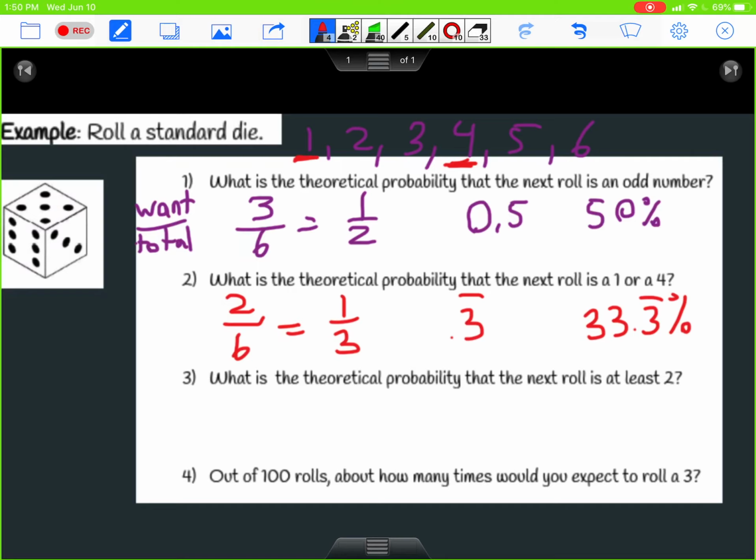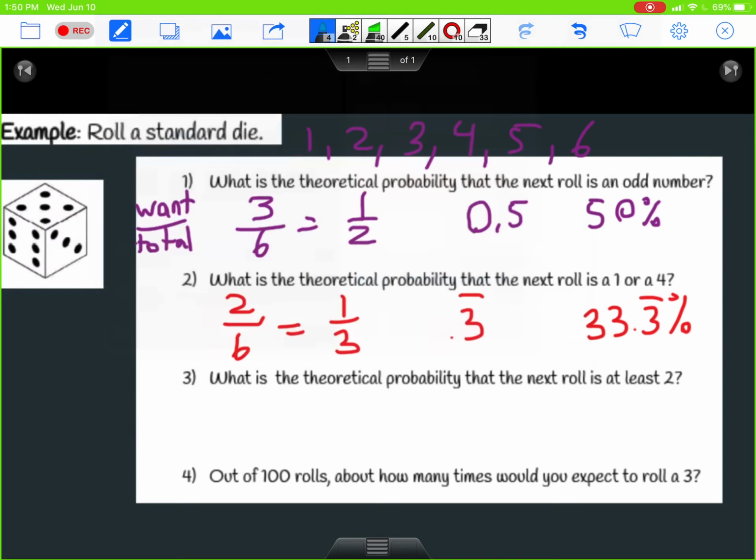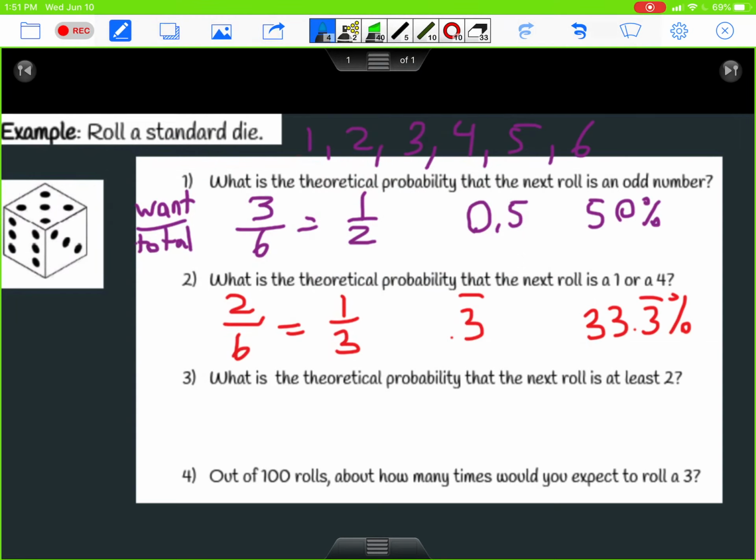Number 3, what's the theoretical probability that the next roll is at least 2? At least 2 means the lowest number you want is 2, and you want everything higher than that. Let me erase this here. Like I said, at least means that number and higher.